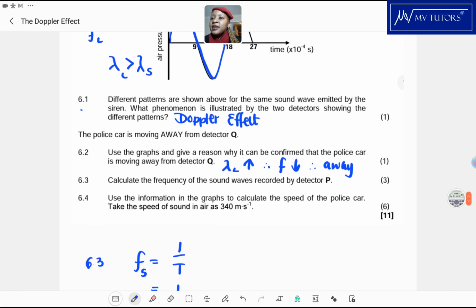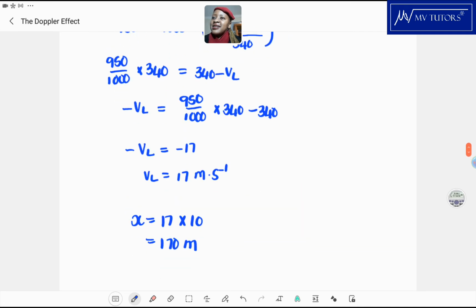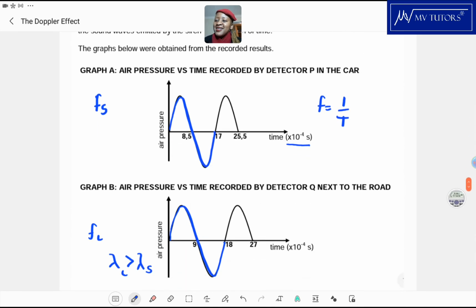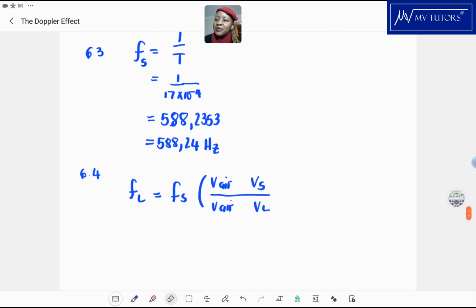Do I have it correct there? Let's just check. Yes. No, listener and source. I have it the other way around.